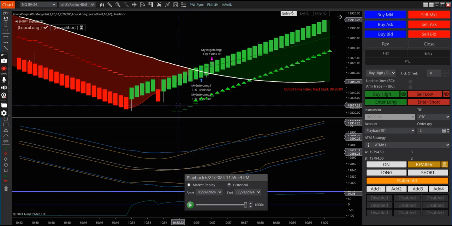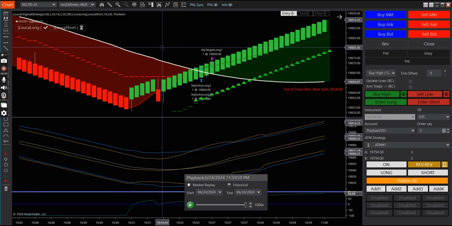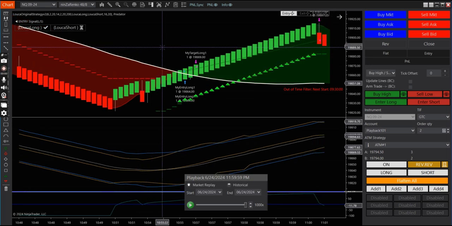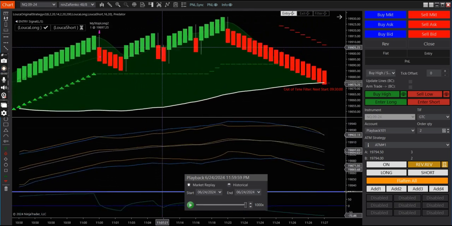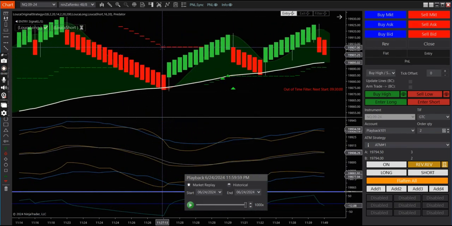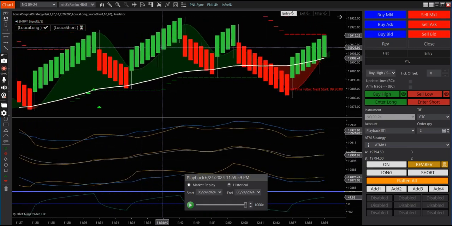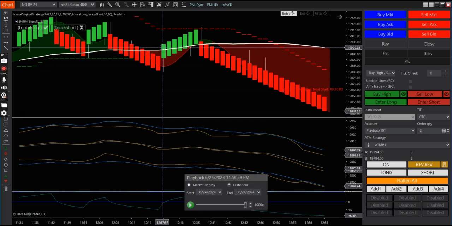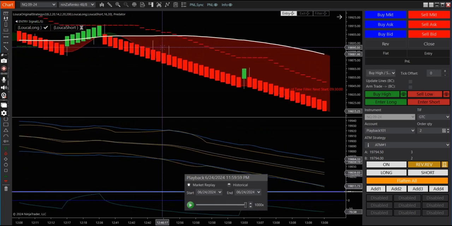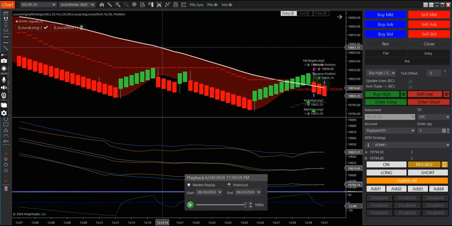You see the trades here. This is a good trade. I'm only going long, only testing with the long. Once I've tweaked this strategy and I'm satisfied with it, I'll add the conditions for the short.